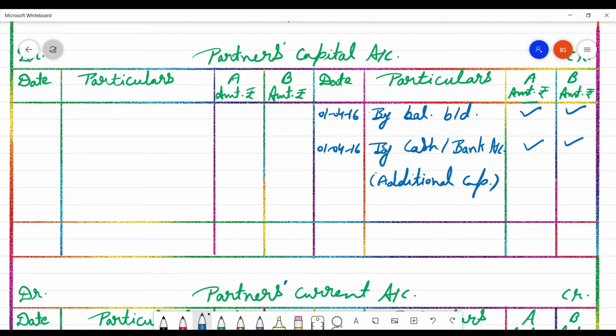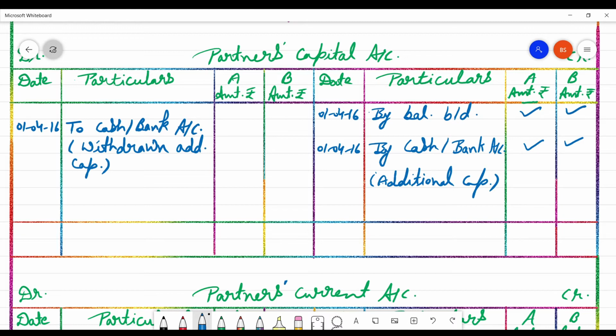In the same way, if any partner withdraws his or her capital, it will be recorded in the debit side on the given date to cash or bank account, withdrawn additional capital. After that you have to make the total.